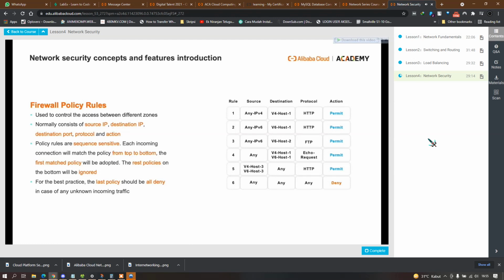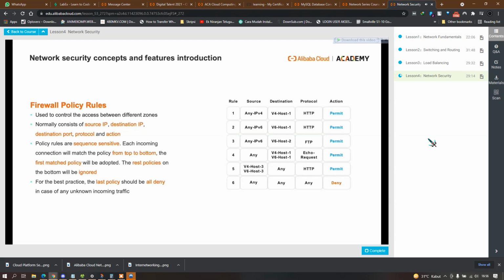For example, if a connection matches the first rule in your rule list, and the first rule permits this connection, then the connection will be permitted and will go inside your system. Even though there are other policy rules below, they will be ignored, because we just mentioned that policy rules are sequence sensitive.